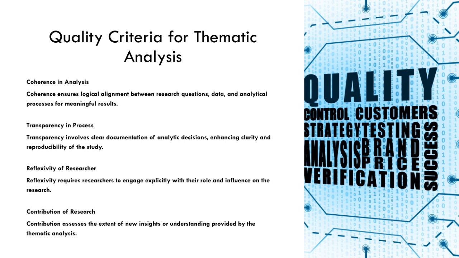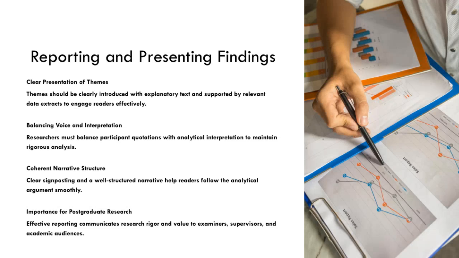its academic impact. When reporting and presenting your findings, it's crucial to introduce your themes clearly, providing explanatory text that helps your audience understand their significance. Supporting these themes with relevant data extracts really brings them to life and keeps readers engaged. It's also important to strike the right balance between including participant quotations and providing your own analytical interpretation.